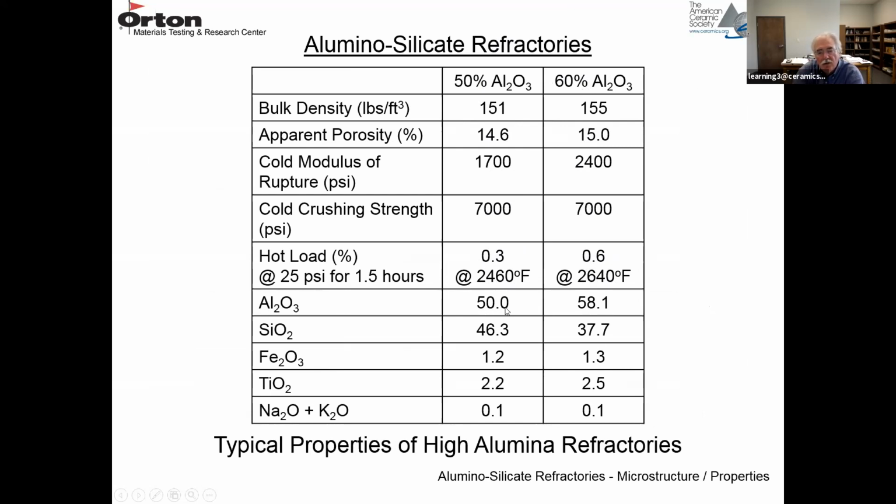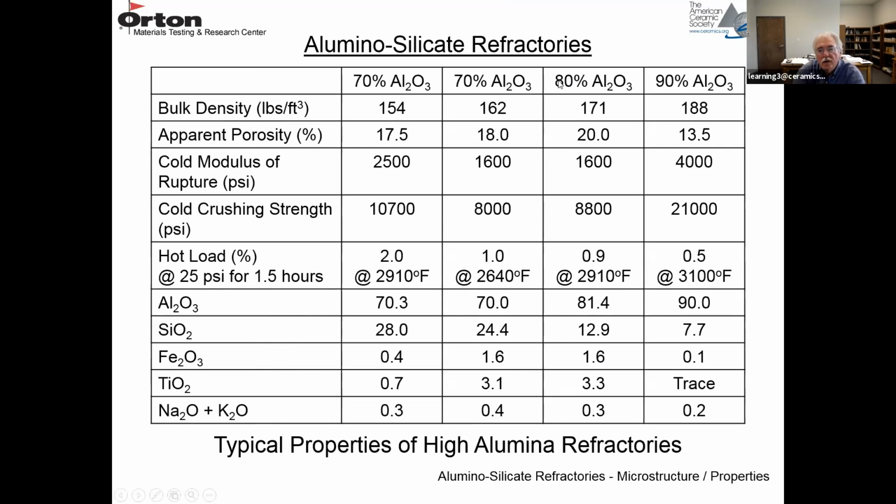A 50% alumina has 50% Al2O3 in it, and 60%, this one has 58. And it turns out that anything close to a 60% is called a 60% refractory. So if it's 58, it's still 60%. In the specs, you're usually allowed plus or minus a couple of percent. So the balance is silica and then your typical impurities.